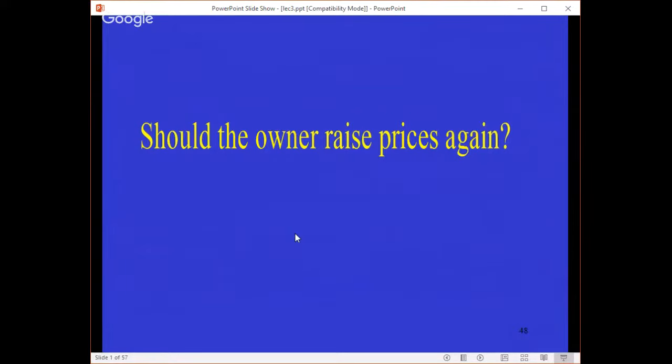Should he raise the price again? The price is pretty inelastic, so if you raise it again, you probably still raise your revenue. In the real world, you have to weigh the short term against the long term. Are you going to upset the customers by raising the price?